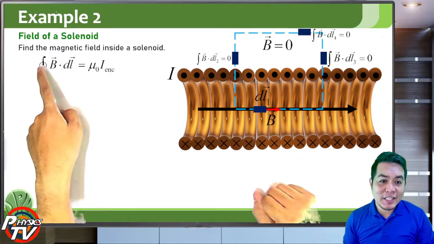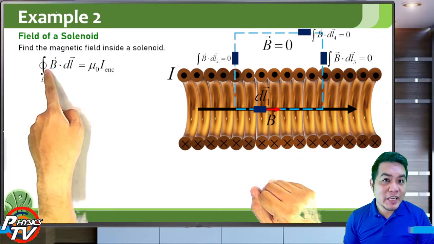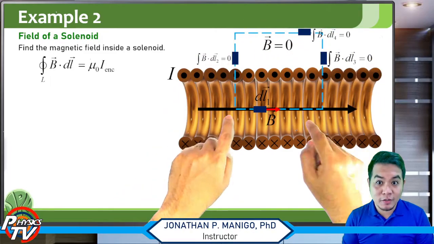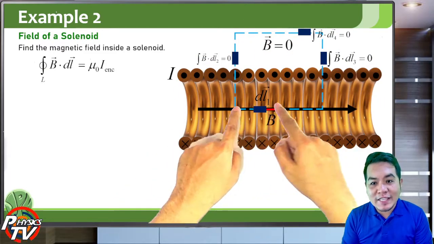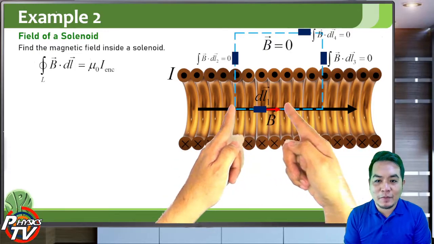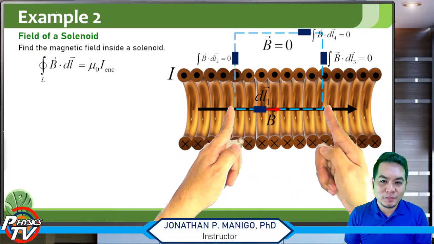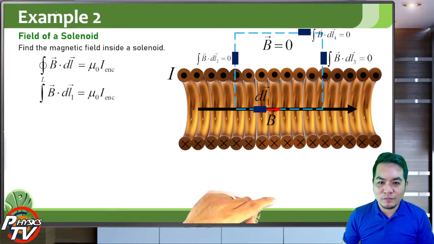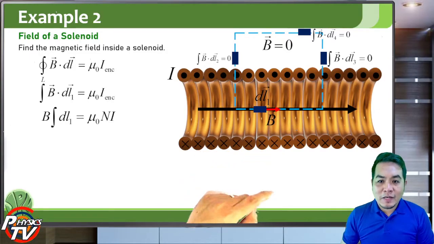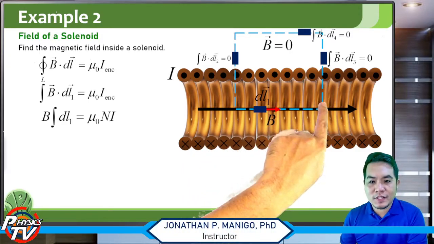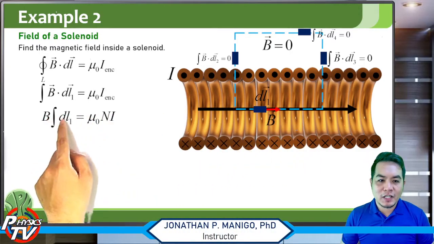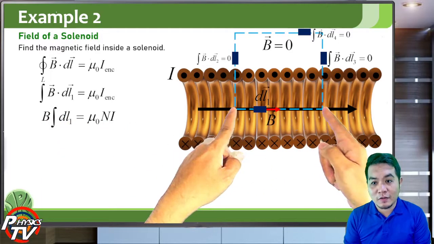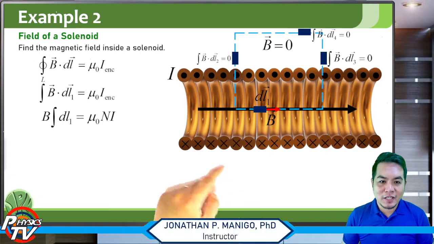Again, this is a closed line integral, meaning you need to integrate over all of the closed loop, but only one segment will actually contribute, only this segment, the L1 segment. The magnetic field here is uniform or constant, meaning you can take it out of the integral and you just have the integral of dl1, which is just the total length of this segment here.